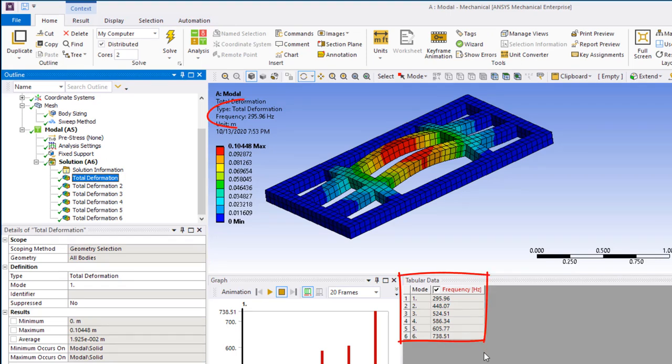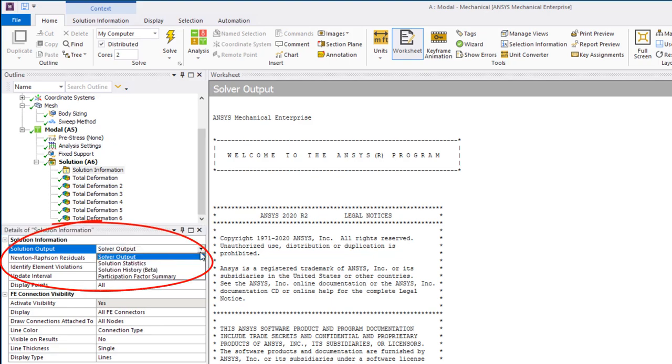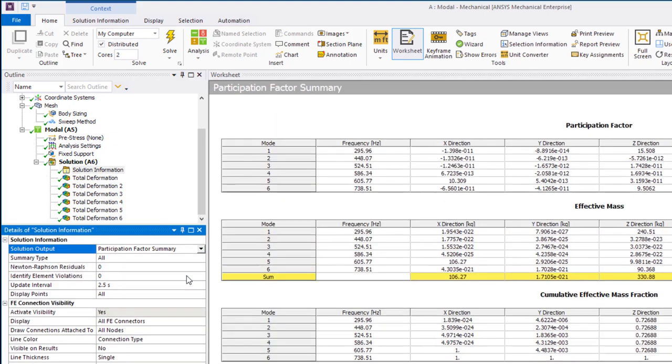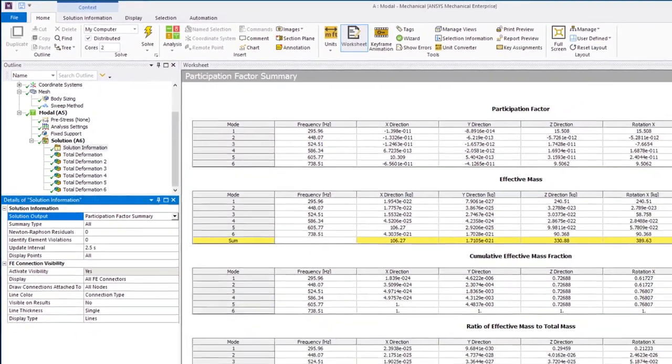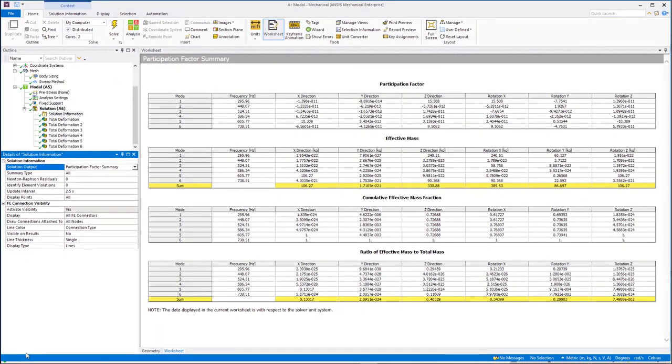Let's look closer into the participation factors and effective mass. Click on the solution information and under Solution Output select Participation Factor Summary to see participation factor and effective mass tables. The participation factor is used to determine how much of the mass of the certain mode is moving in the same direction as the excitation.